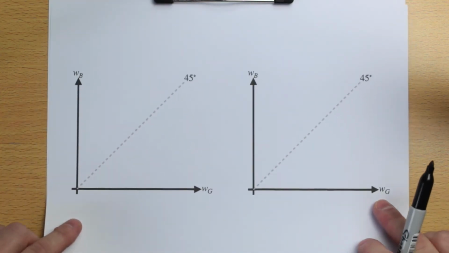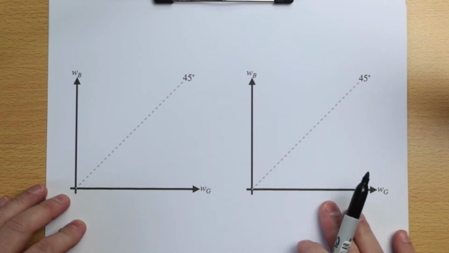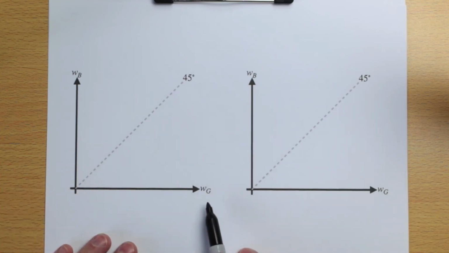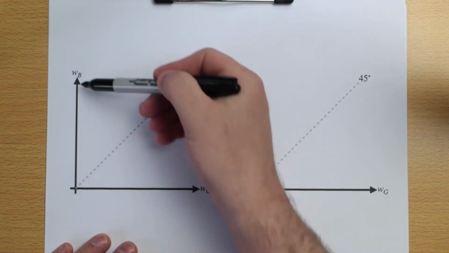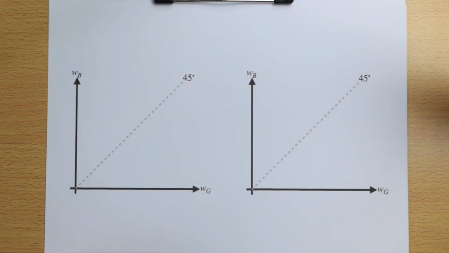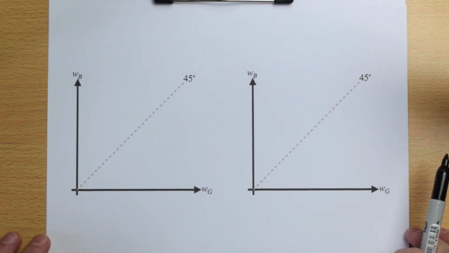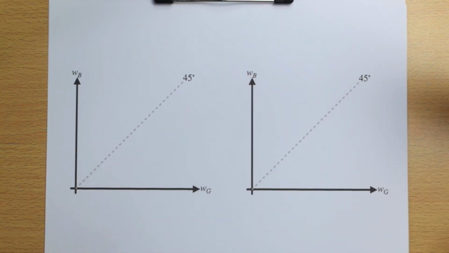So I've prepared here two separate diagrams, and I've got WG on the x-axis, WB on the vertical y-axis, and then I've plotted in the 45-degree line. Hopefully that shows up on the camera.